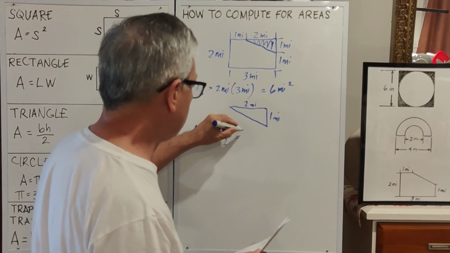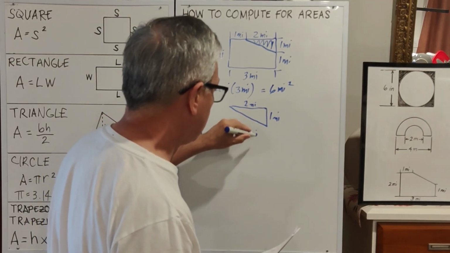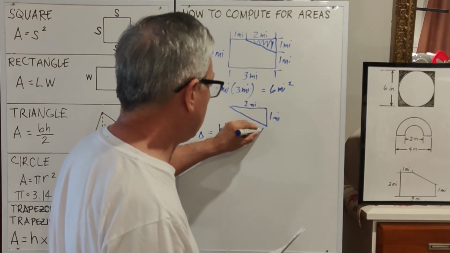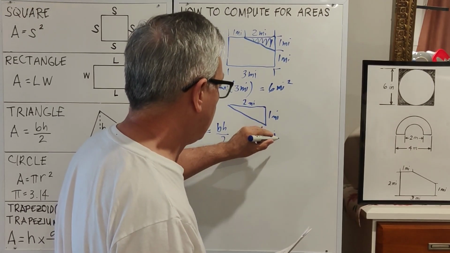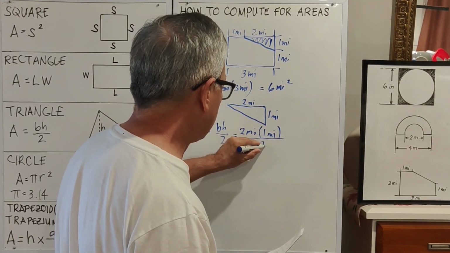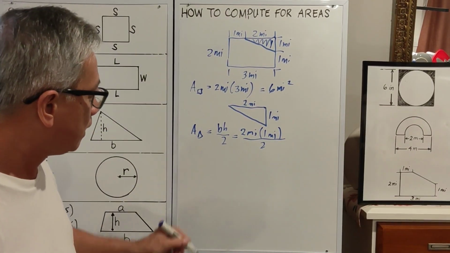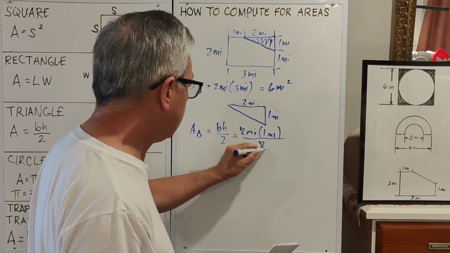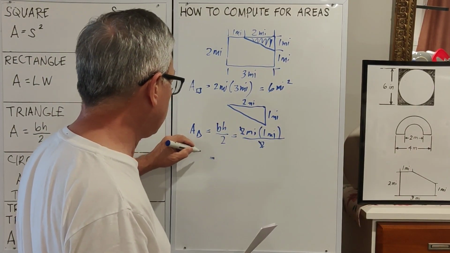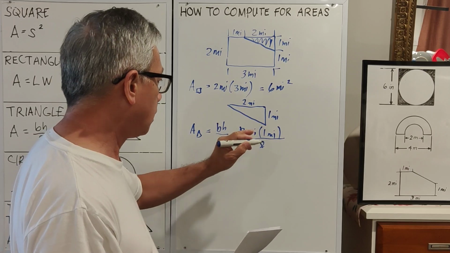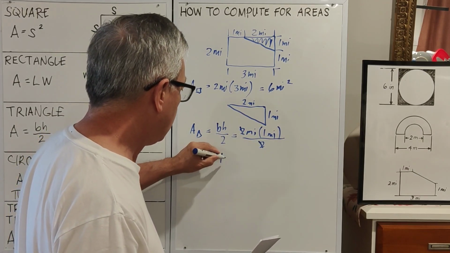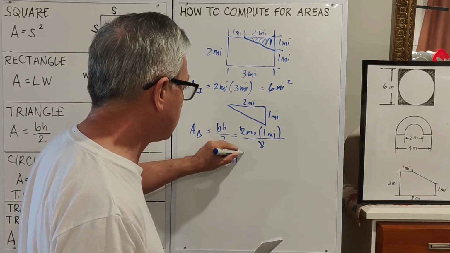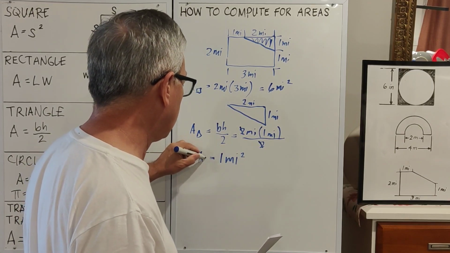So the base is 2 miles and the height is 1 mile divided by 2. So 2 and 2 will cancel. So the area of the triangle will be 1 times 1 is 1. Miles times miles is mile squared.